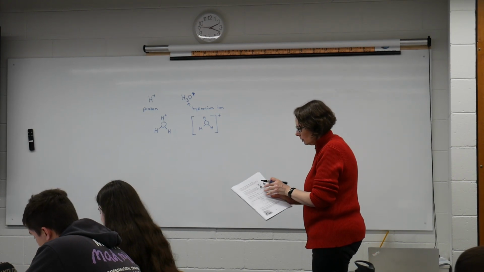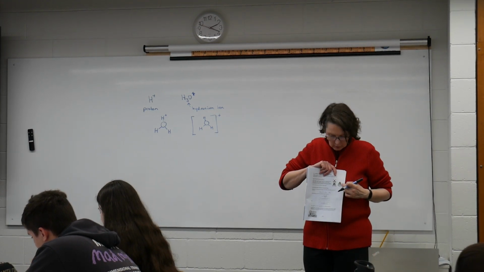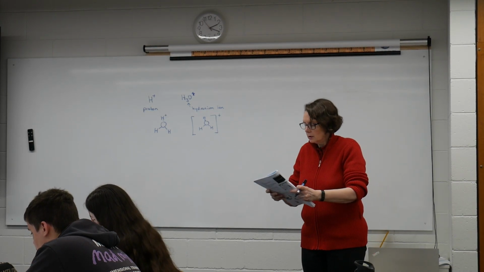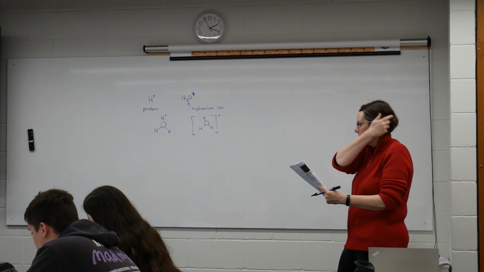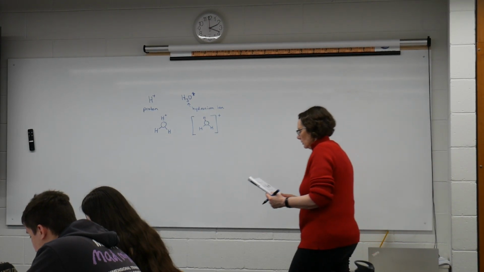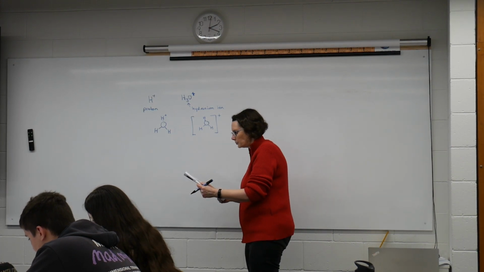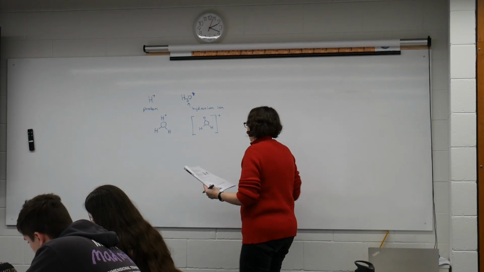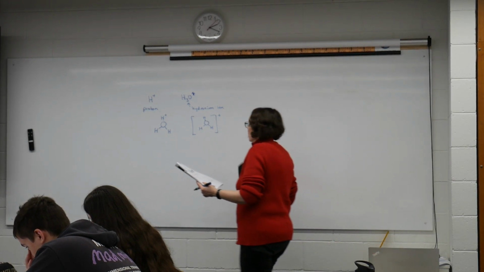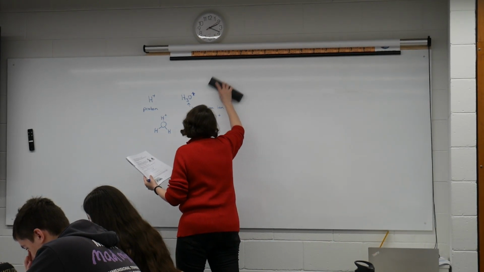And there's a cute looking little picture of it in your booklets here. Looks like a small head and ears, like a teddy bear or something. Okay, so now that we have the hydronium ion, we can look at what happens in water.